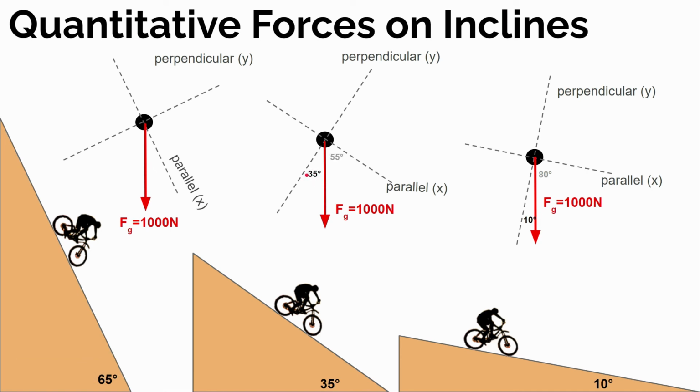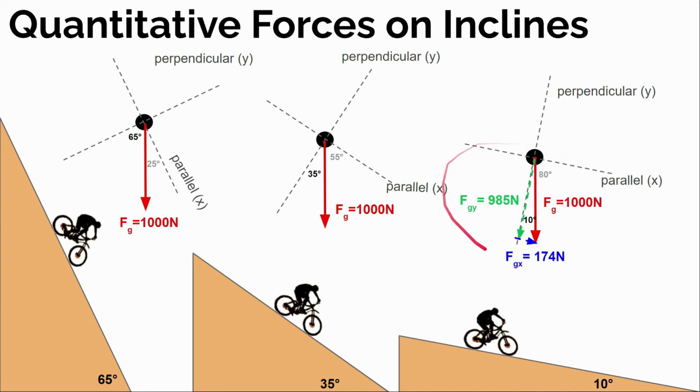In this case, the 35 degrees goes here, and we know this would then be 55 degrees. In our steeper situation, again, the 65 degrees has to go between the y direction and the gravitational force. And over here, in our not steep situation, that 10 degrees, again, is the angle between the rotated y direction and our vertical force of gravity.